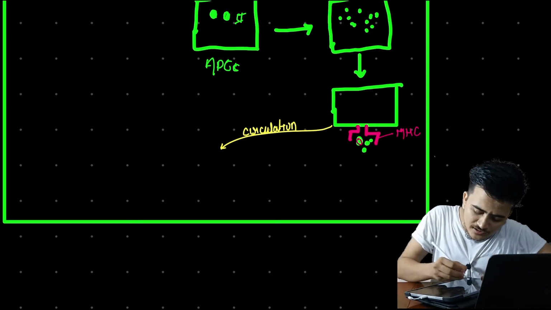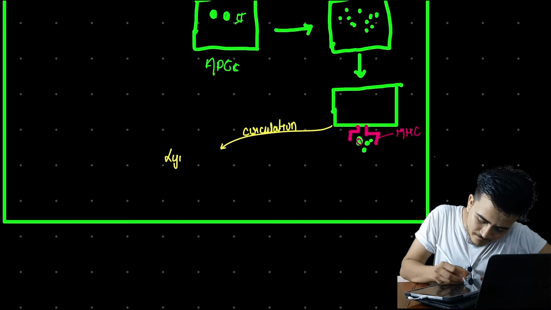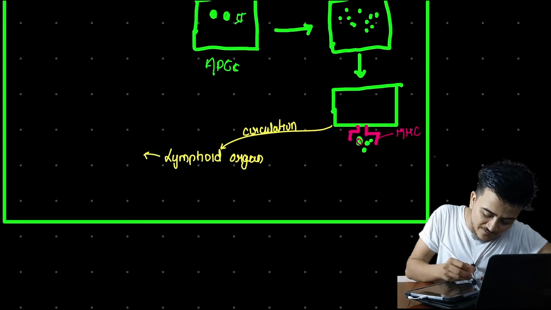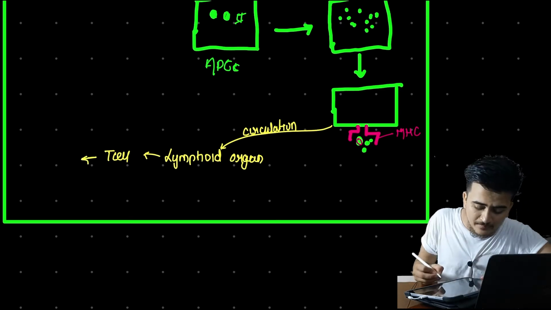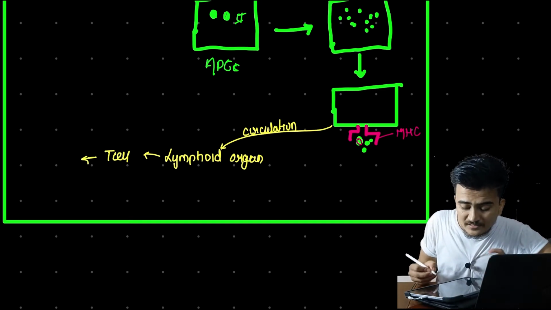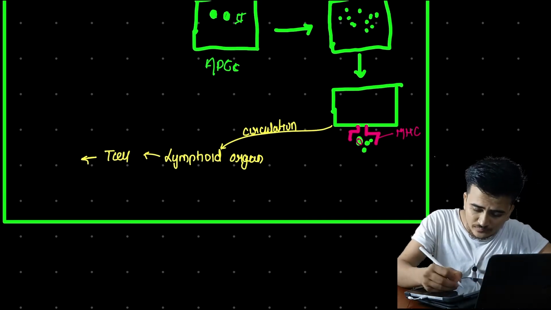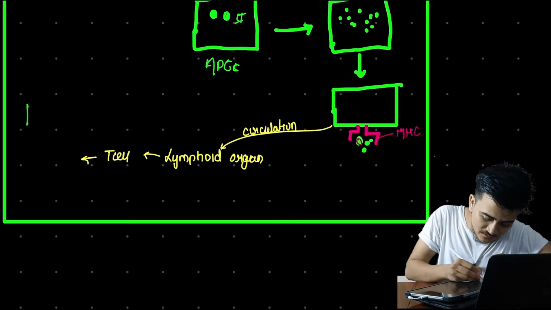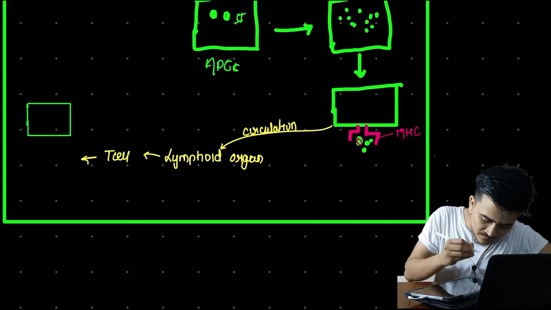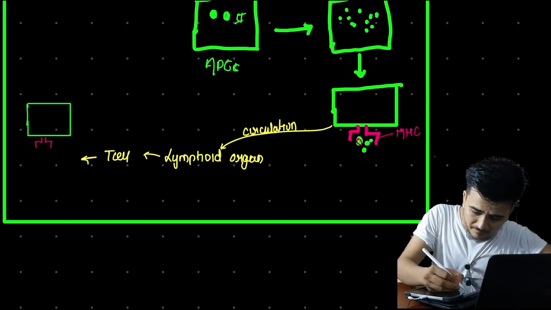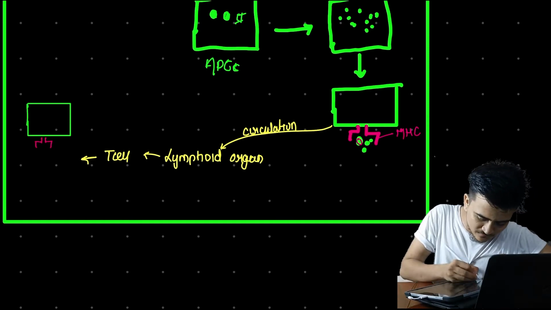That means from circulation, they reach where? Lymphoid organ, and in that lymphoid organ we will find T cells. Now these APCs, antigen presenting cells, and T cells will interact with each other. This was our APC which was expressing small peptides on its surface.